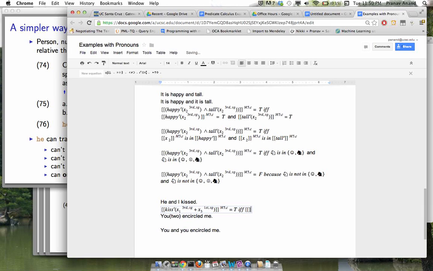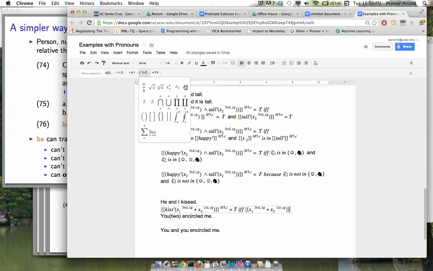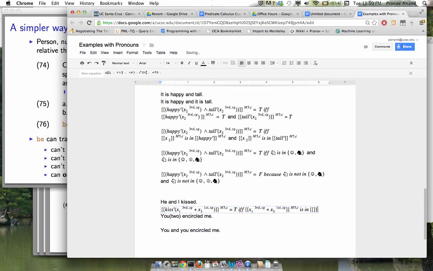But if we just follow blindly our system and we substitute in this whole thing based on our rules, the semantic value of this with respect to M5 and C is in the semantic value of this prime with respect to M5 and C.